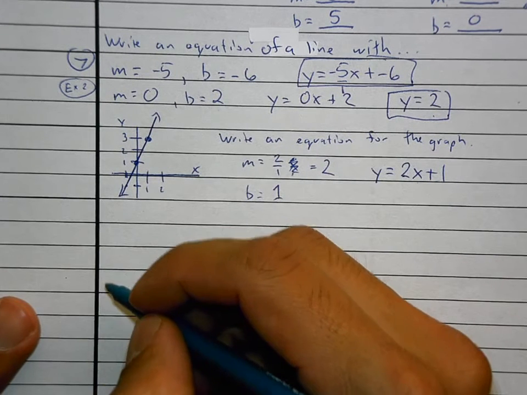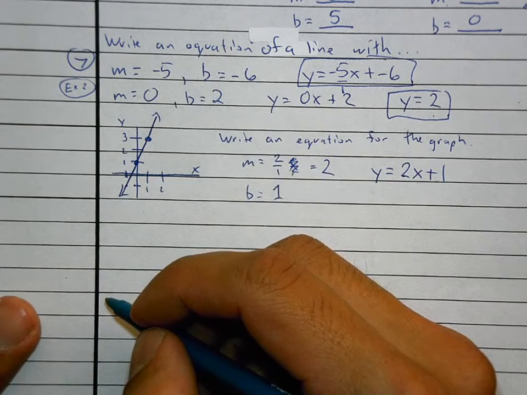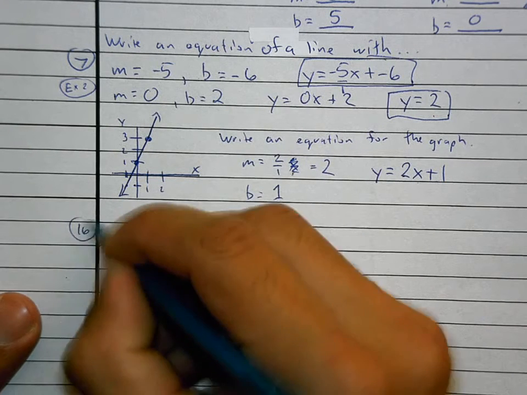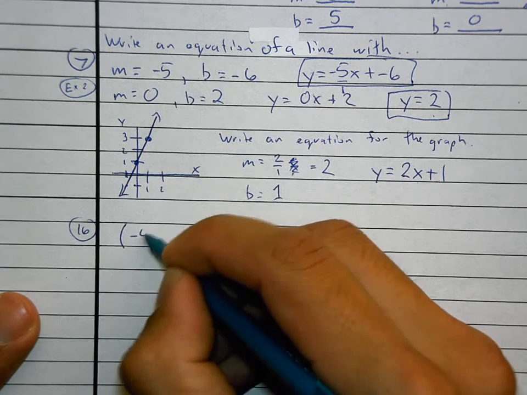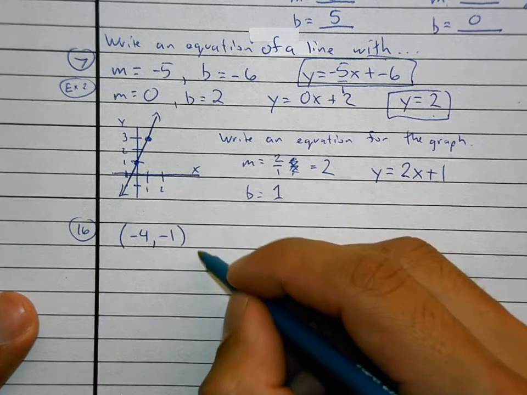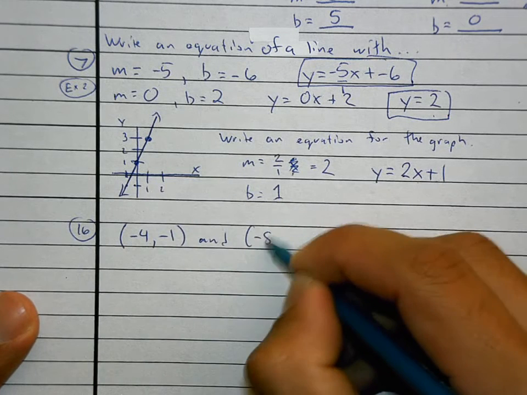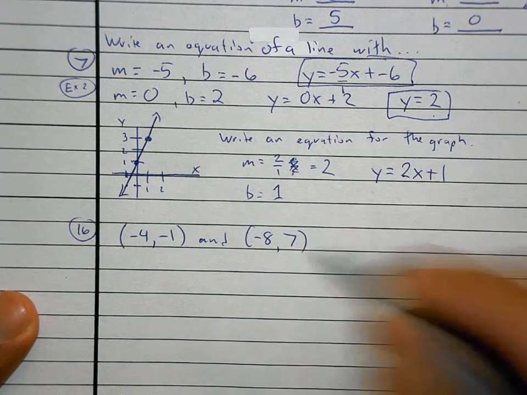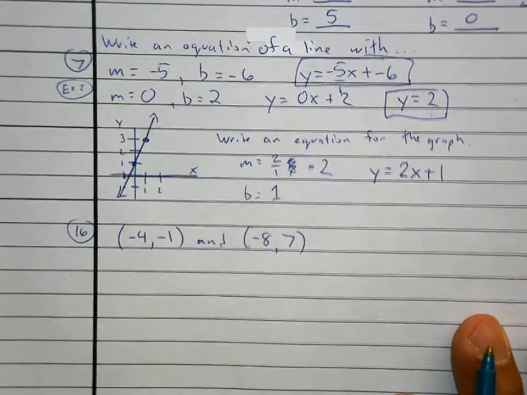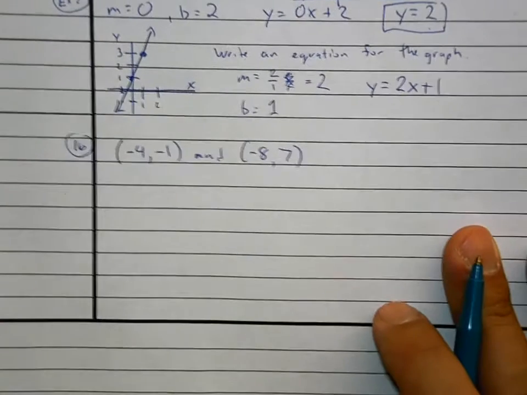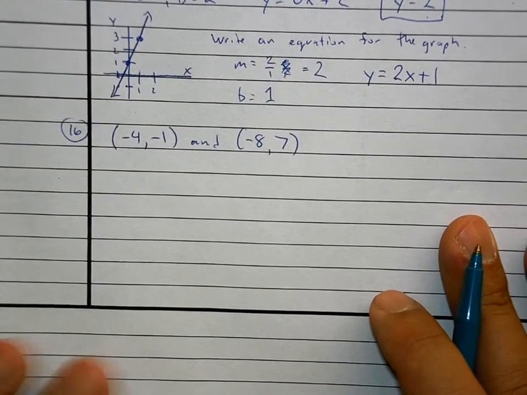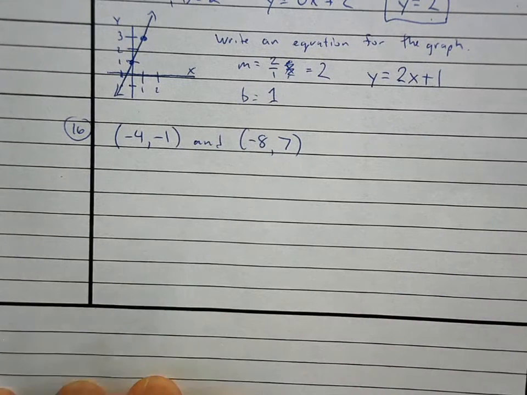This is like number 16. -4, -1, and -8, comma 7. This is where it gets harder. You have ordered pairs.